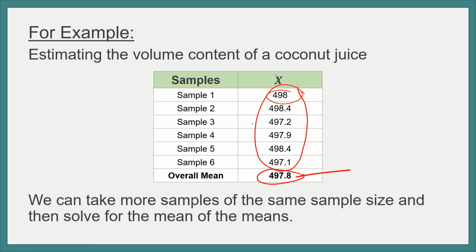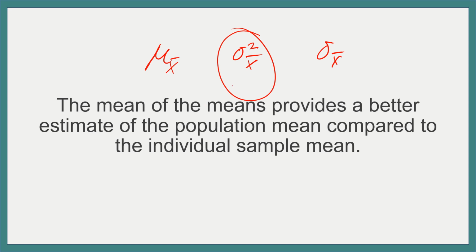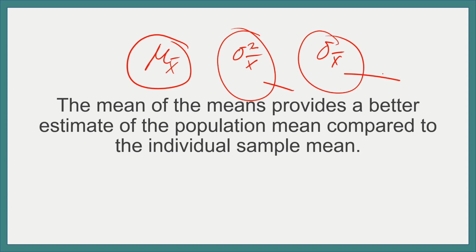This is still a point estimate, but using the sampling distribution, we were able to solve for the accuracy and the precision of our data. This is still a point estimate because the mean of means only has one value, the variance of our sampling distribution only has one value, and the standard error of our sampling distribution only has one value. Therefore this is still a point estimate.